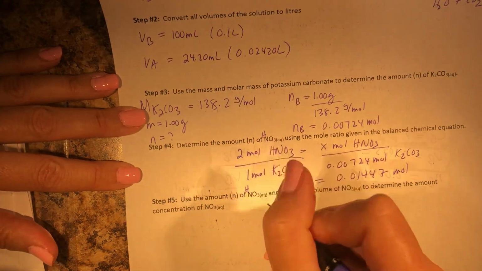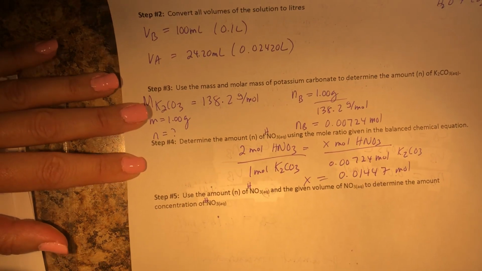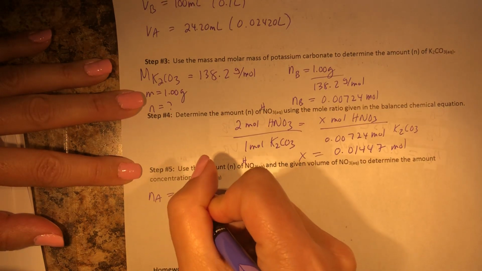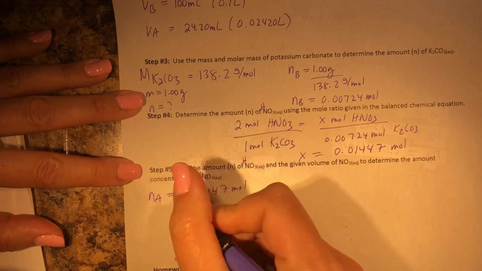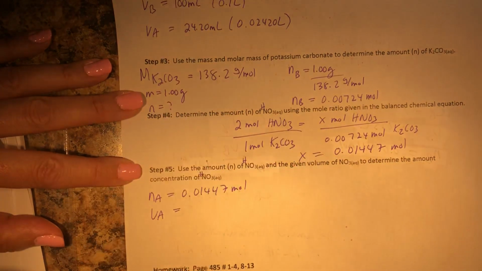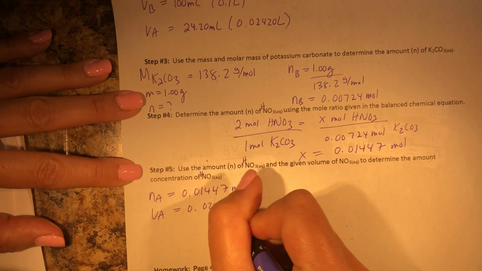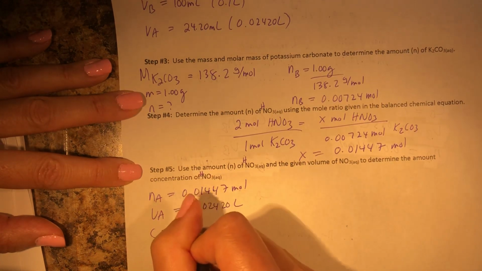Good, so I now need to go back and put that into my C equals N over V equation and finish that up. The moles of acid is equal to 0.01447. The volume of my acid from back at the beginning was 24.20 mL, or 0.02420 liters. And I've got to find that.